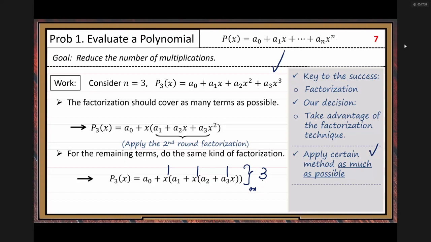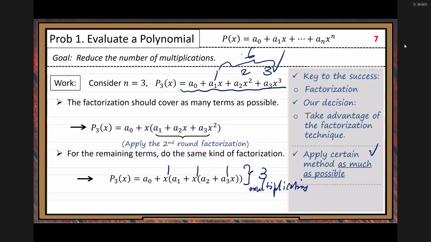For the comparison, if we do not do factorization, let's look at the number of multiplications in our brute force method. In the original expression, you have 1 in this term, 2 in this term, 3 in the last term. You add them together, total 6.